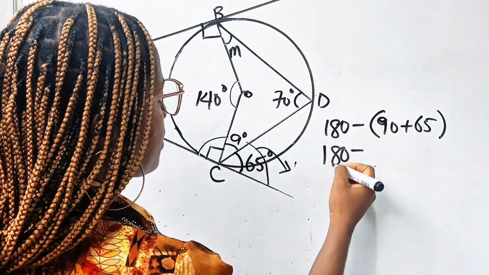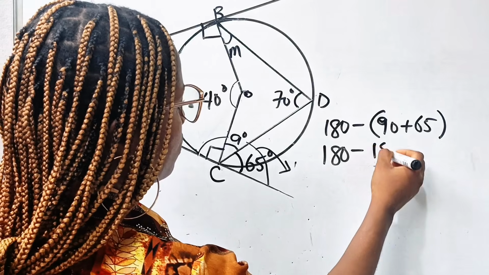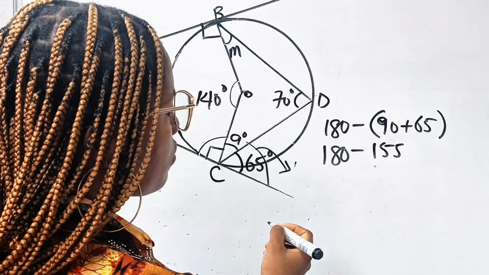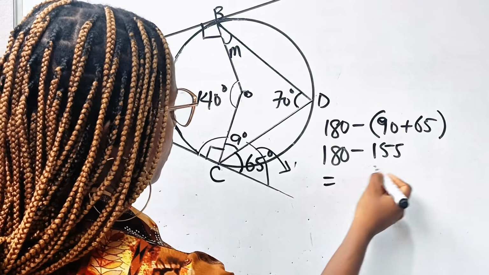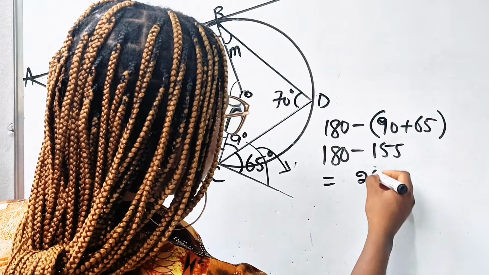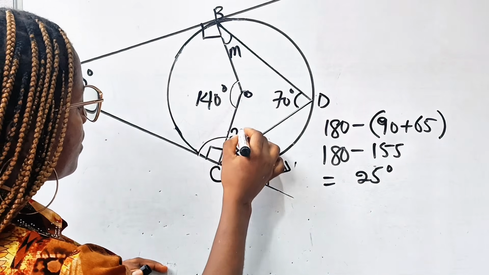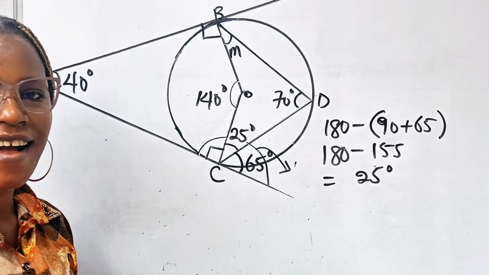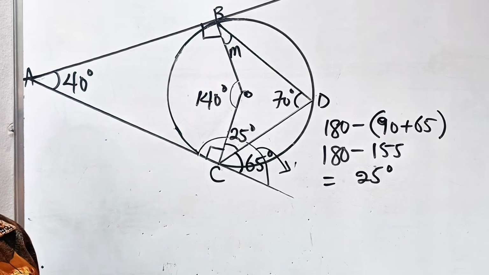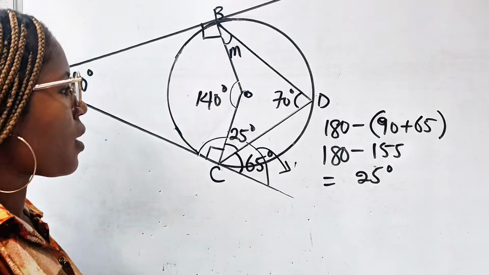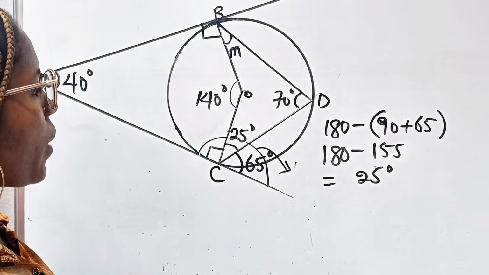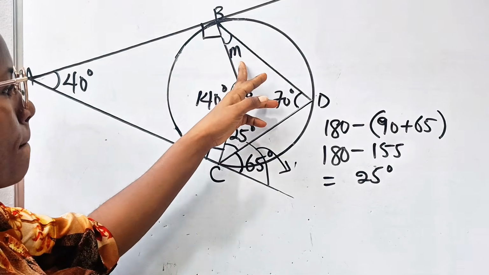So you have 180 minus 155, and this will give us 25 degrees, okay? So it means that this place is 25 degrees. Hope you are seeing how this works, right? How this is going. Now we are asked to find M.